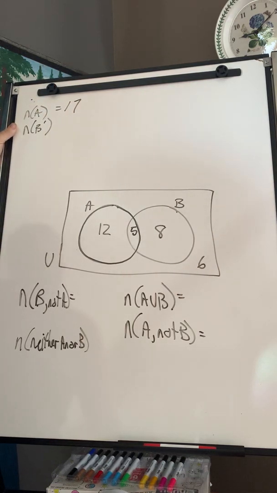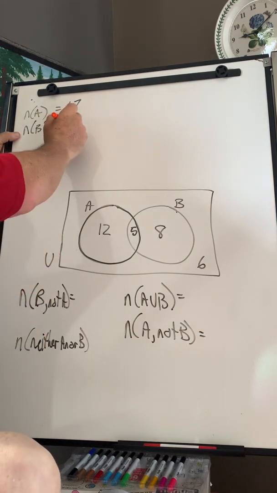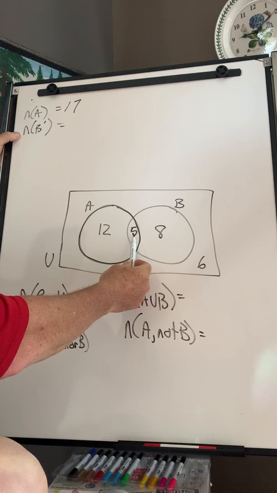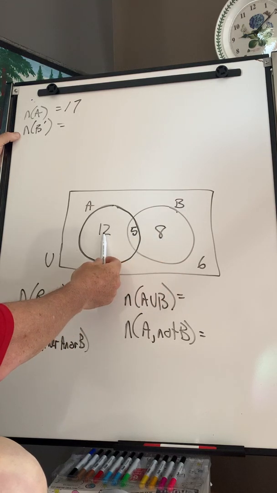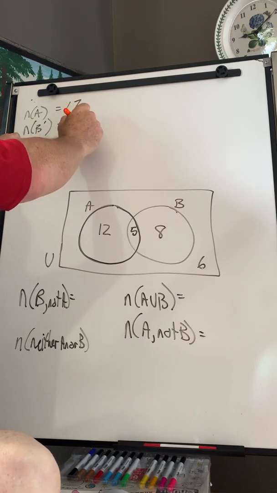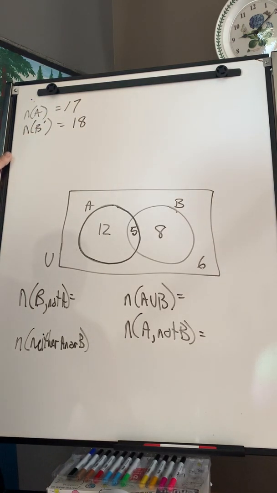And then the next one says, how many elements are in the set complement of B? Well, whatever is not in B, those two are in B, so it has to be 12 plus 6. So 18 elements. So there's 17 elements and 18 elements.